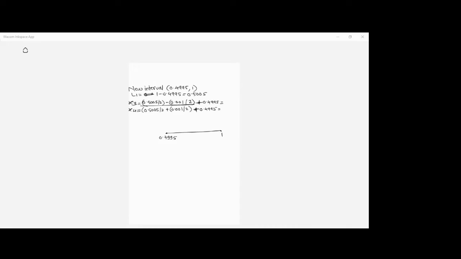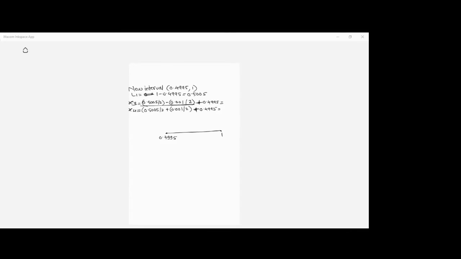Yeah, anyone in the chat box? 0.5005 divided by 2 minus it is 0.2498, right? So 0.2497, 0.2498.